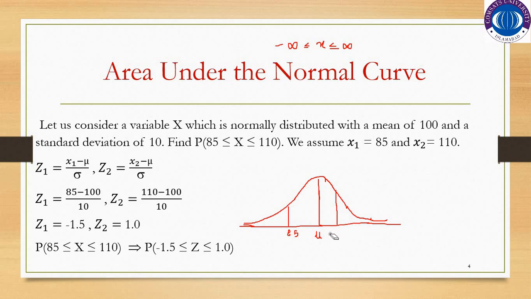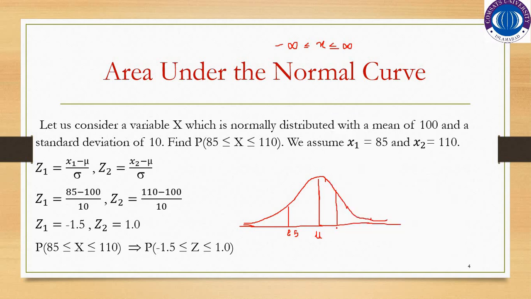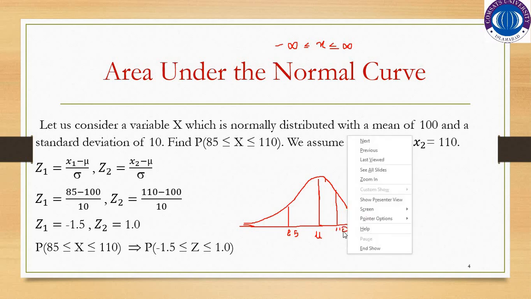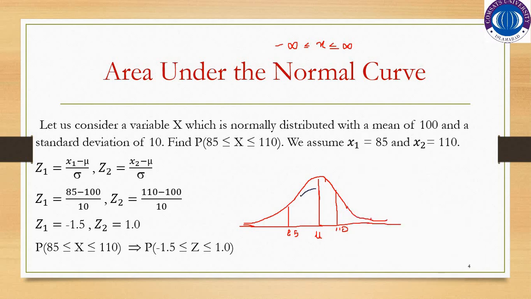This is mu, and you have to find out this particular area between 2 points, or this probability.